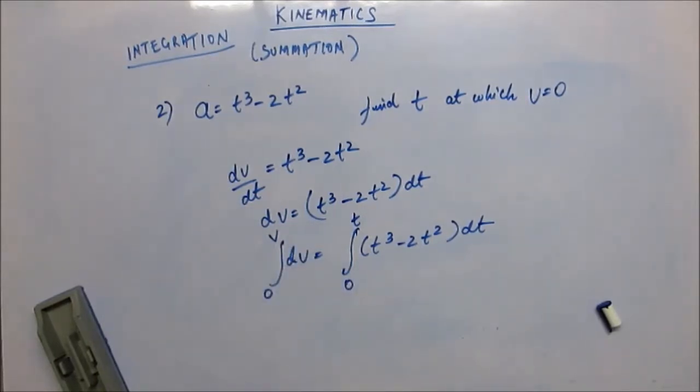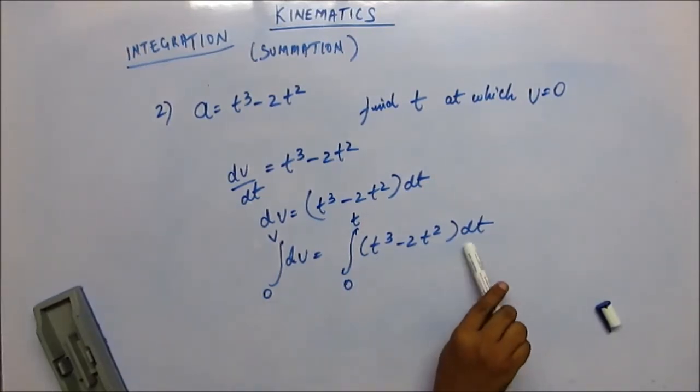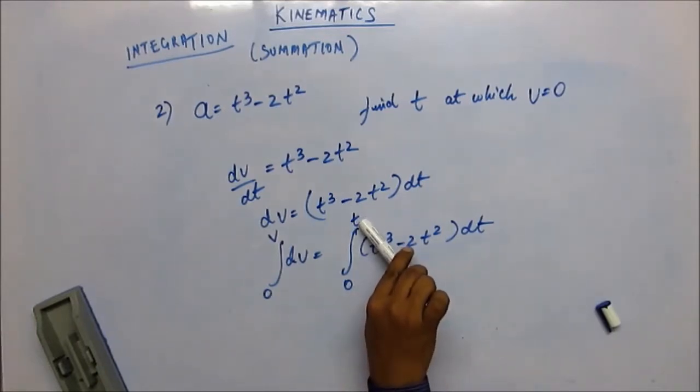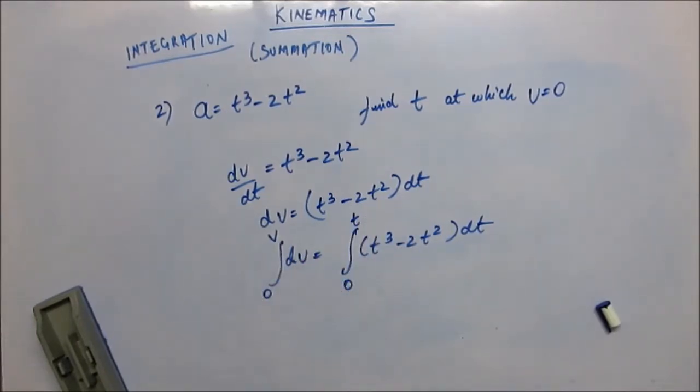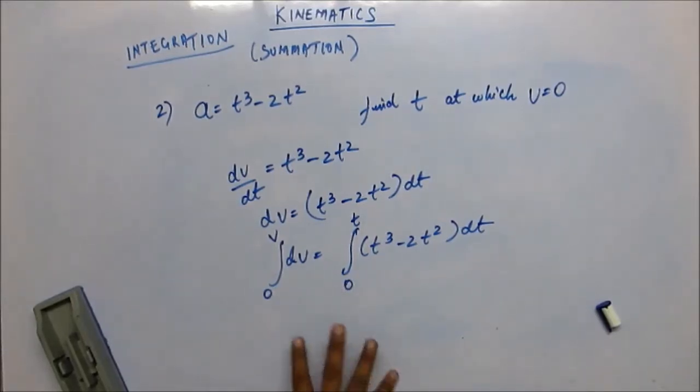When time is 0, when we have started looking at it, then the velocity would be 0. And as the time progresses, then velocity value will change. So at any particular value of time, let's say t, the velocity would be v. Now I'll tell you, we put the limit like this. We'll have more practice and you'll learn.